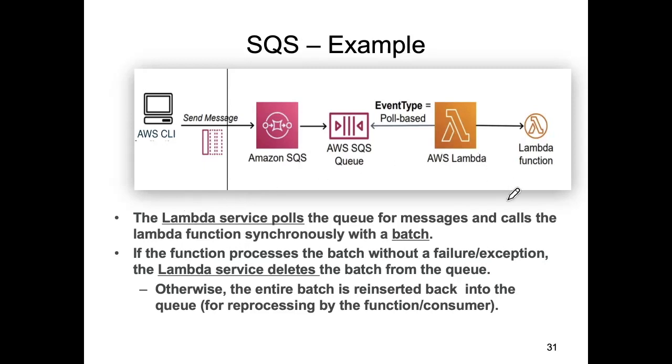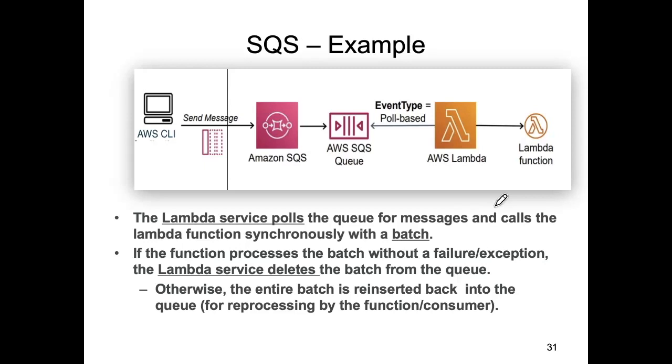If however the Lambda function on the extreme right there doesn't complete the processing, either because we haven't given the Lambda service enough RAM memory to do its processing, or if one of the messages causes my Lambda to throw an exception, in either of those two cases, the Lambda service will not, obviously enough, I suppose, delete the messages from the queue.